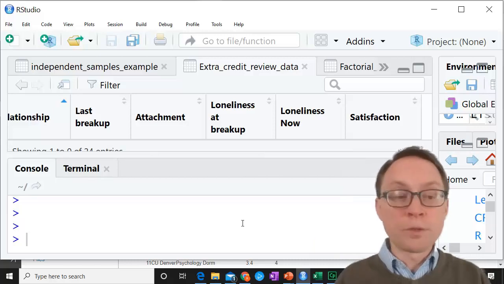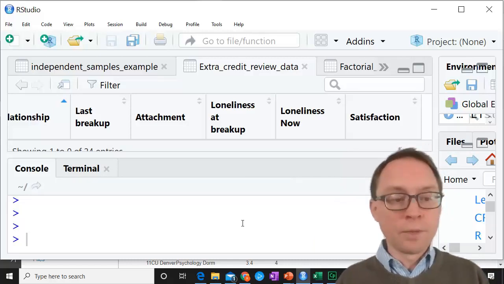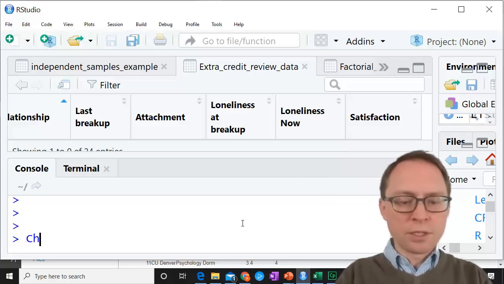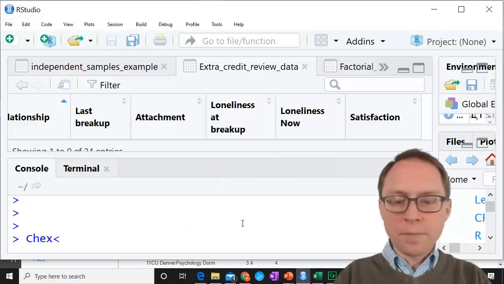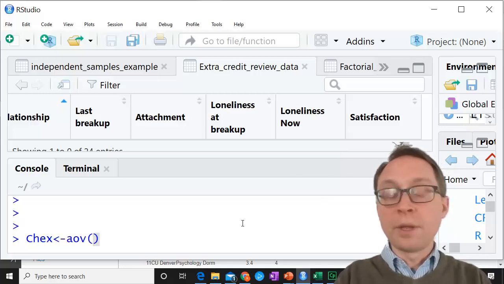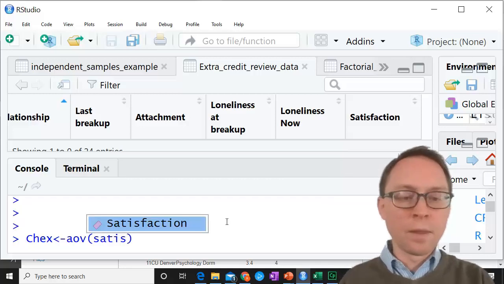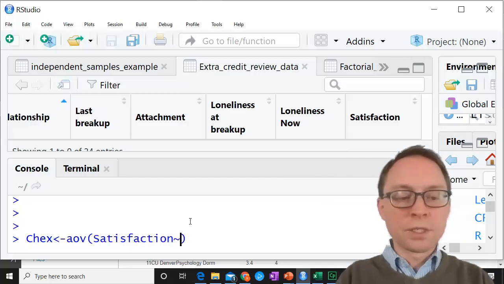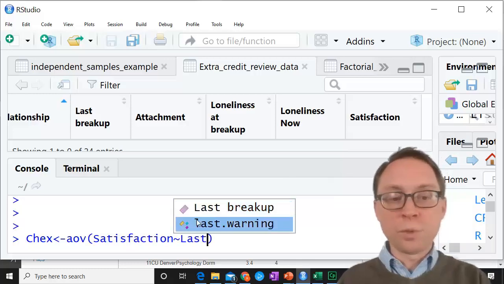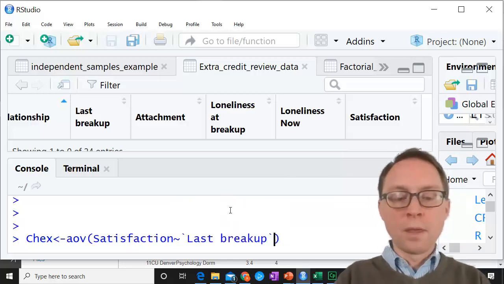In order to do this, we have to create a model. I'm going to name my model after cereal today. So this one's called checks. And checks is going to be analysis of variance and the dependent variable satisfaction. And it's going to be separated by last breakup, which is whether you're the dumper or the dumpee.